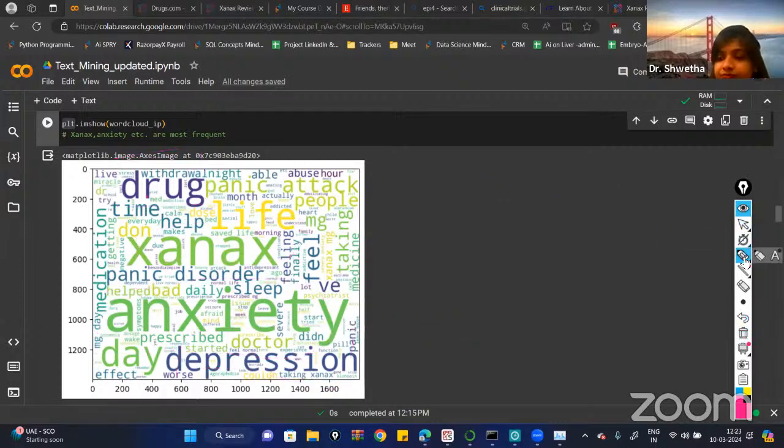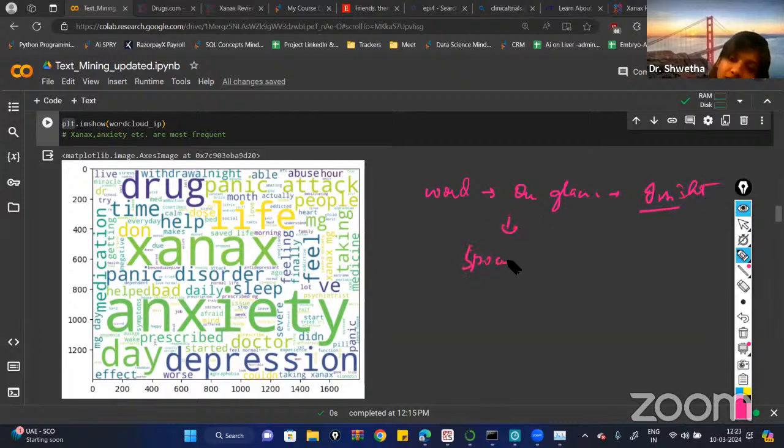By building a word cloud, you can understand a lot of insights in the data at one glance, like which is the most spoken thing about a drug, which is the most issue faced by a person using the drug, and so on.